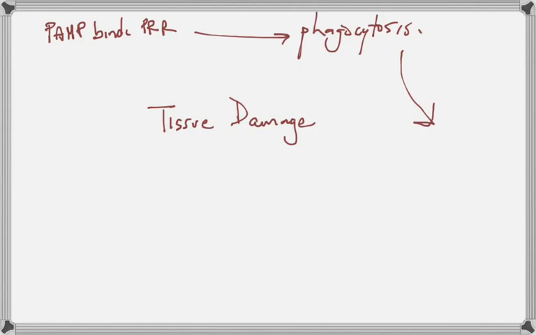So MHC2, remember, is the one that we think of when there's a pathogen from the external environment being brought into the cell and then being presented. It's on MHC2. So one thing that can happen after phagocytosis is presentation.